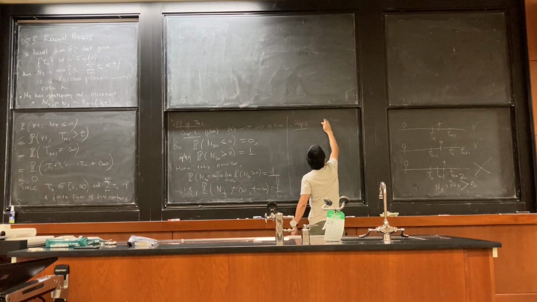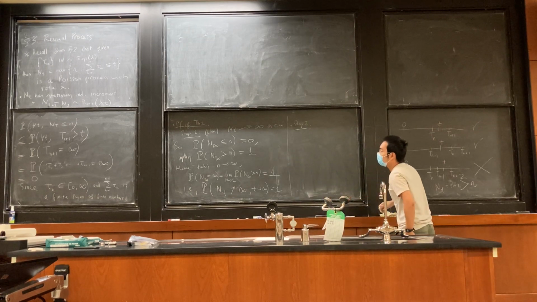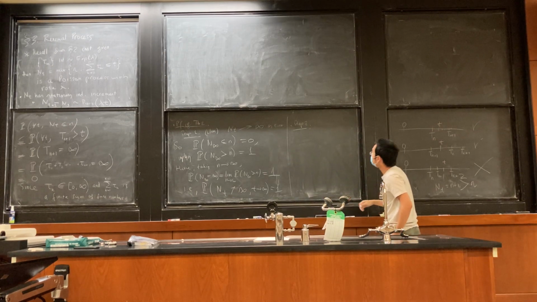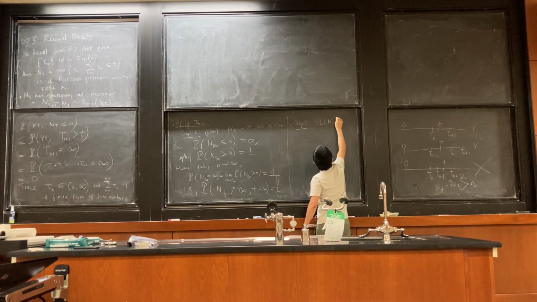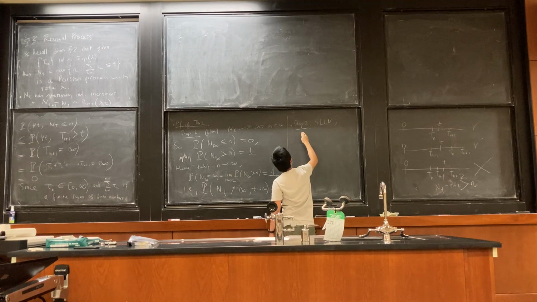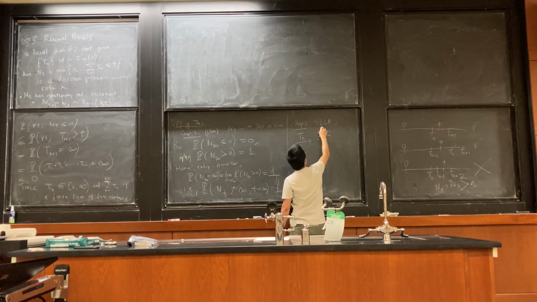So now step 2. Step 2 is the strong law of large numbers. I have T_n over n, which is the summation of tau_k, k from 1 to n, over n.